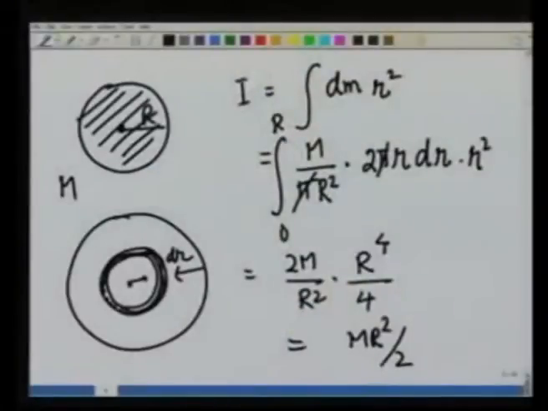That is the moment of inertia of a solid disk about an axis passing through its center. The result could easily be generalized to a cylinder also, which is this disk elongated along the z axis. Next example, I take the same solid disk, however, now I take the axis as its diameter. So, this diameter is the axis.